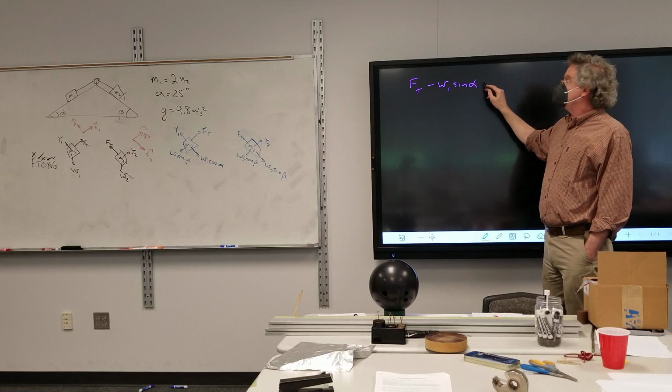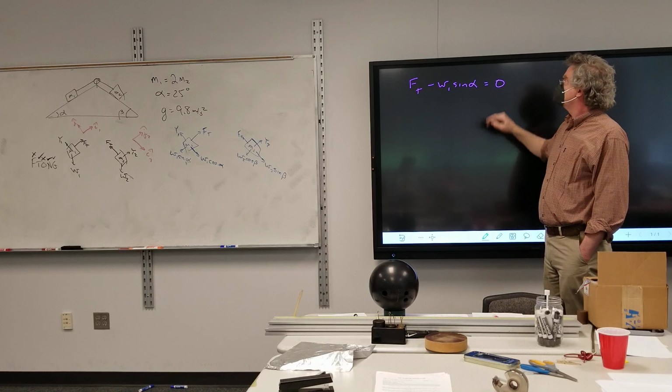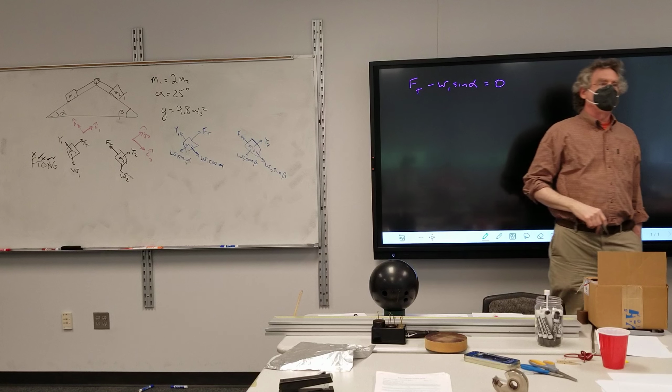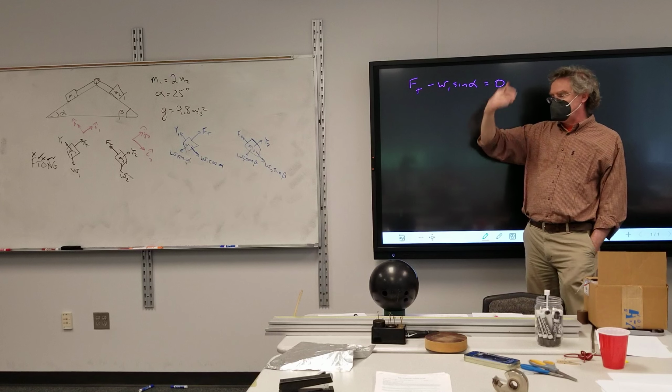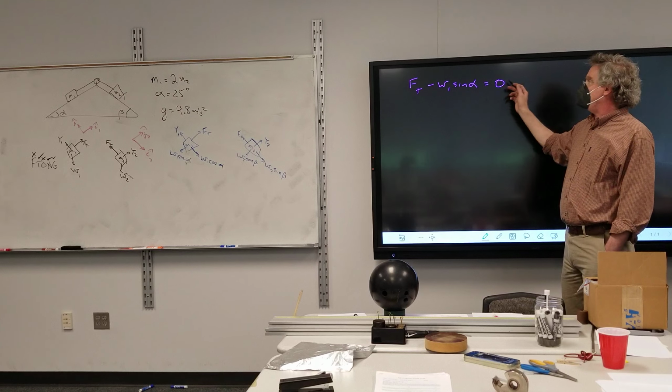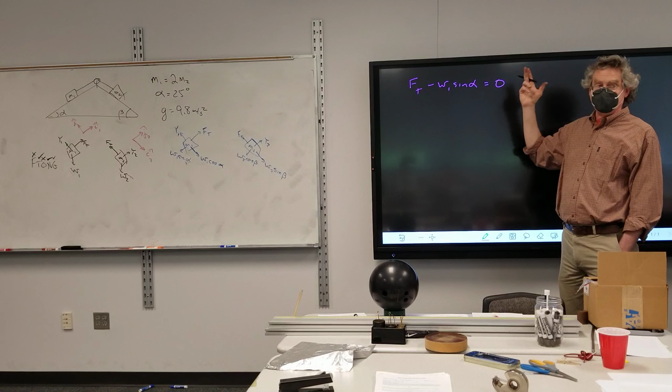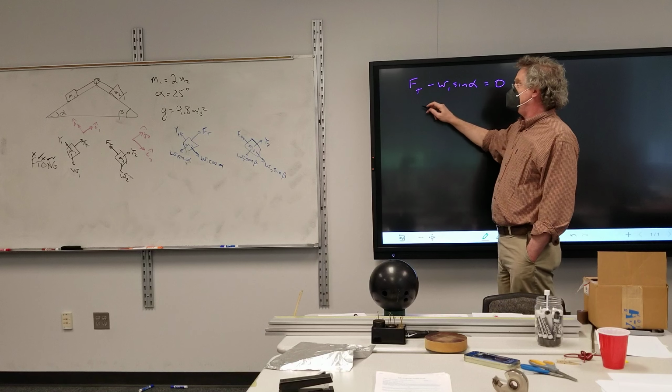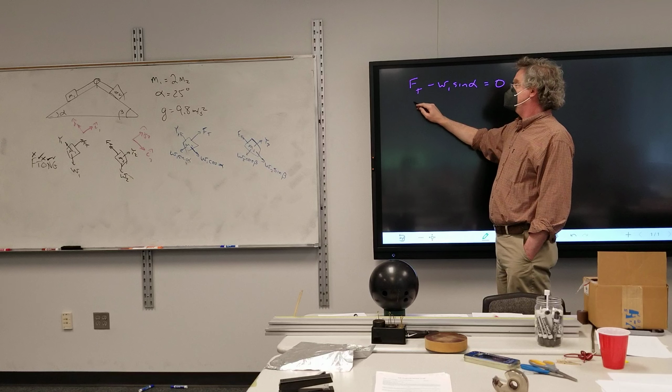Equals mass times 0. We've done all the forces in that direction, so it's equal to mass times 0, because it's an equilibrium. All right, 1 down, 3 to go.